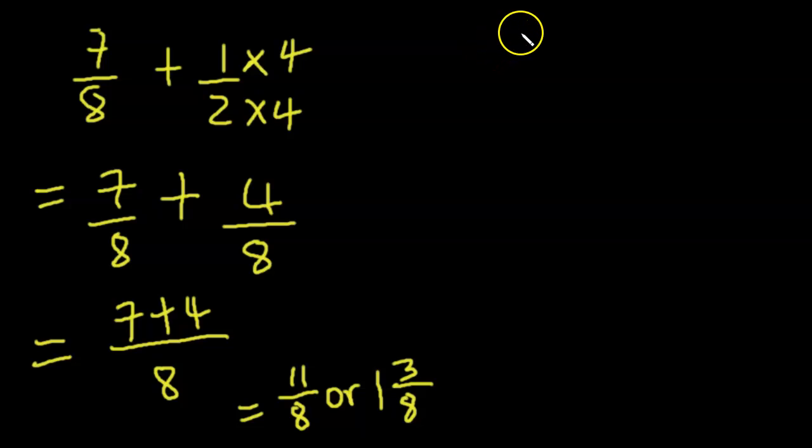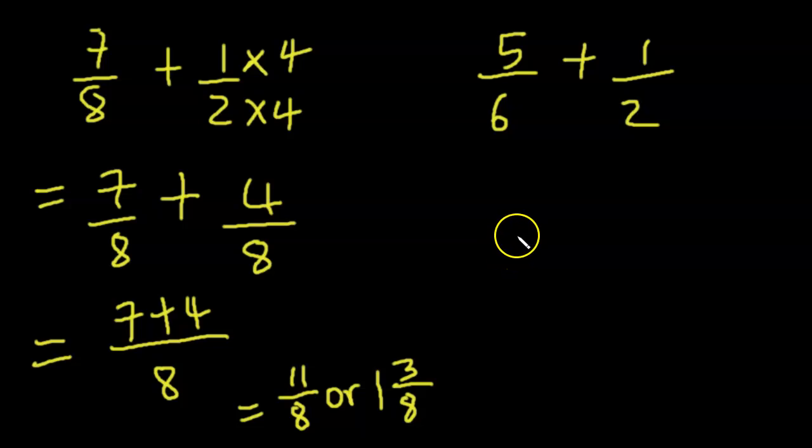Now, interestingly, suppose we're asked to calculate 5 over 6 plus, let me use the same half just to emphasize a point here. 5 over 6 plus half. So again, we cannot add 5 plus the 1, because remember, the denominators are different.